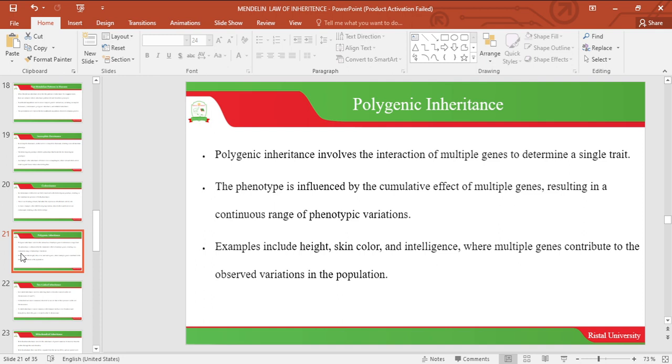Examples of this include height, skin color, and intelligence, where multiple genes contribute to the observed variations in the population.